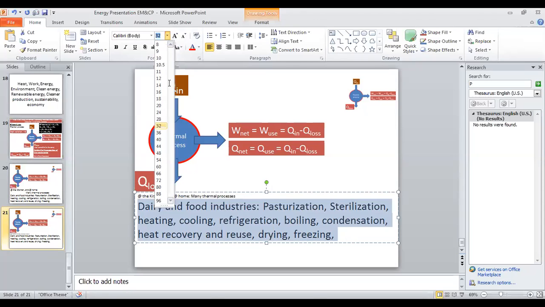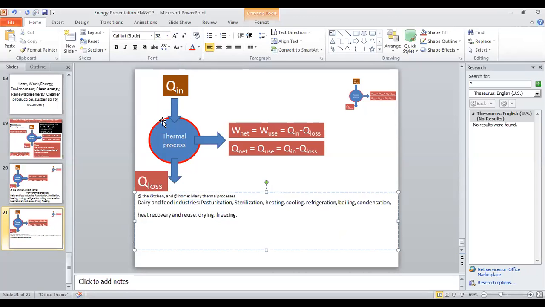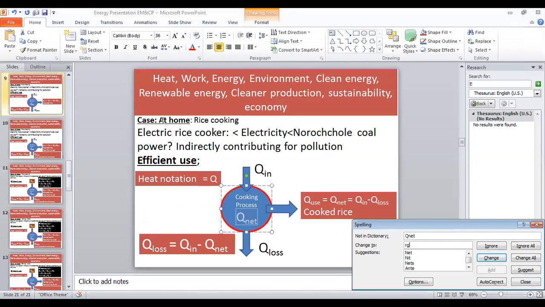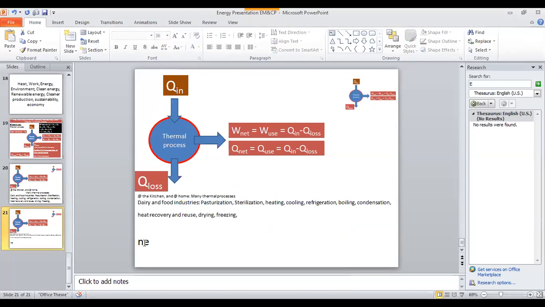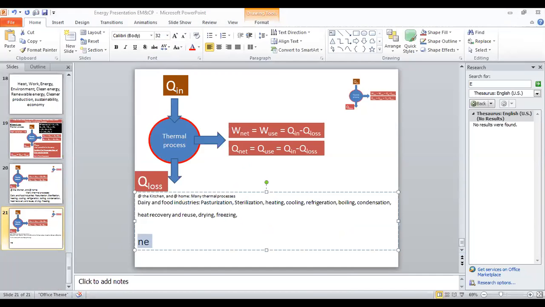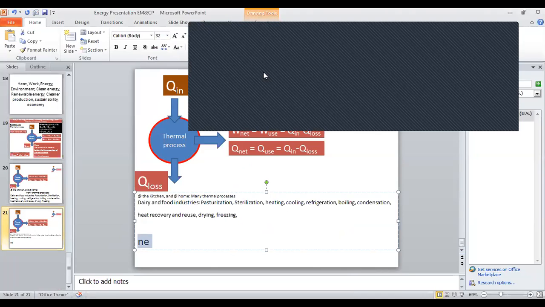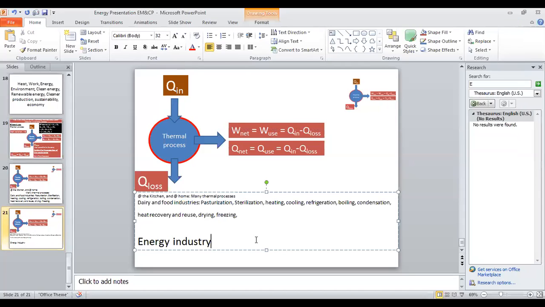Let's say energy industry. Energy industry, this is very important.